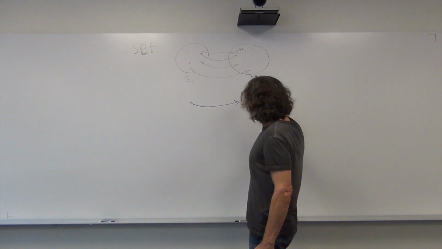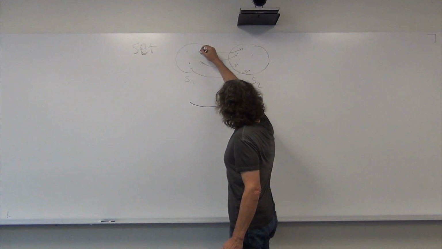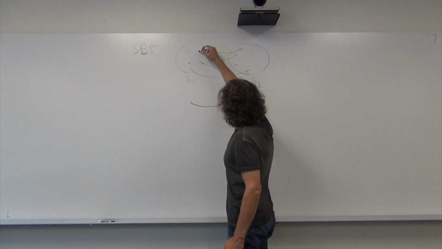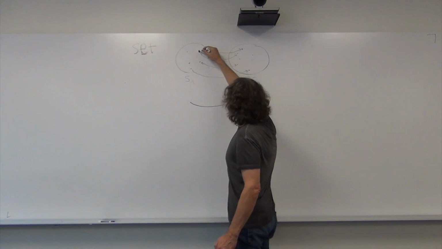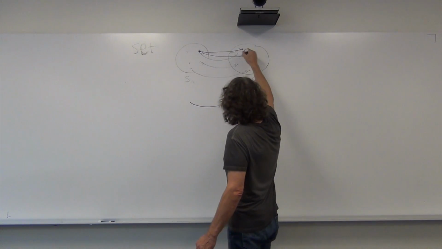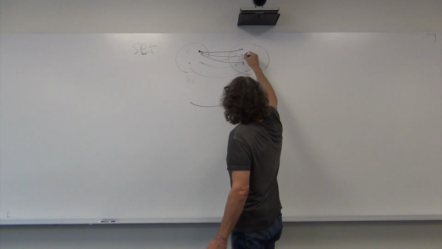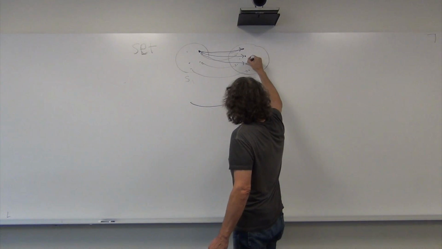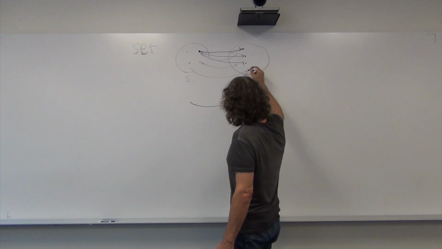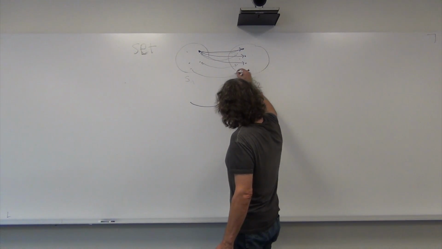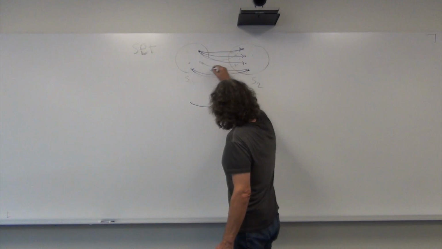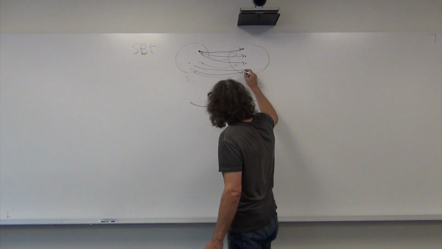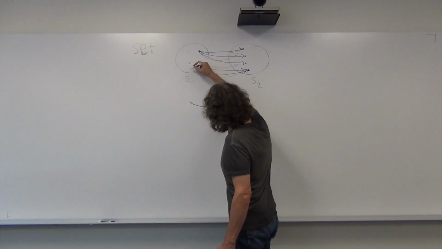In a relation, we can pick an element in this set, and it can be in relation with many elements in this other set. And vice versa. Well, I'm putting these arrows in this direction.